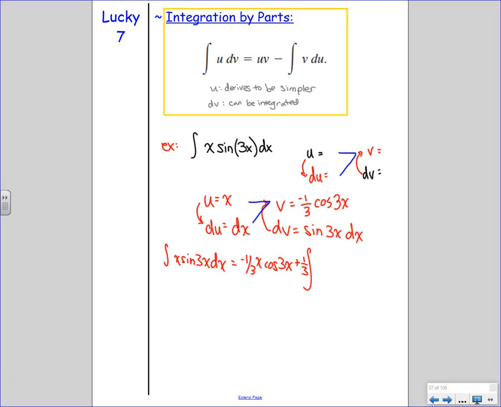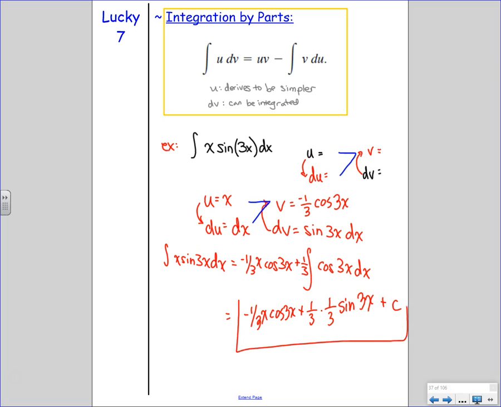So plus 1/3 times the integral of cosine of 3x dx, which we can find by, oh hey, it's just cosine of u, but wouldn't that be another 1/3 sine of u? There's the plus c from that final integral. We have the original. Could you rewrite it? But the question is, did we solve it?